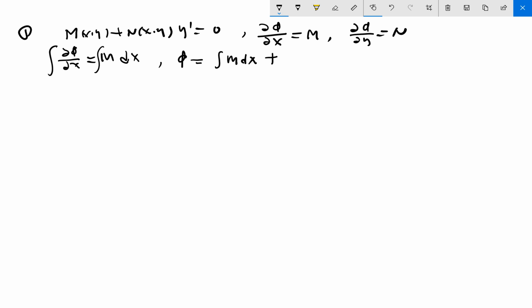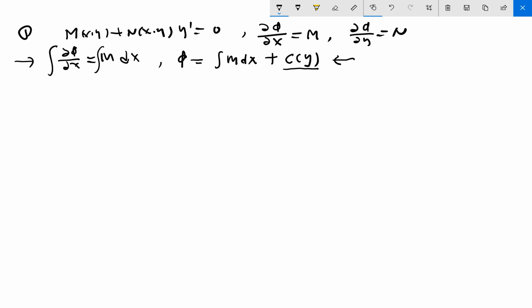However, here we're talking about a partial derivative, so this is not simply a constant. Any function of y will satisfy this equation, because if you take the partial derivative with respect to x, it will give you 0. So we need to find c of y, which is the only function dependent on y.